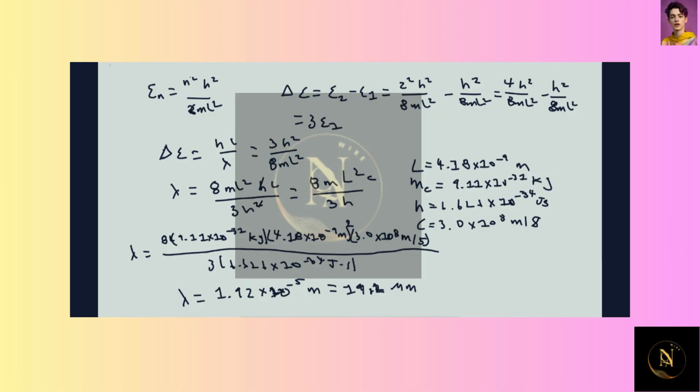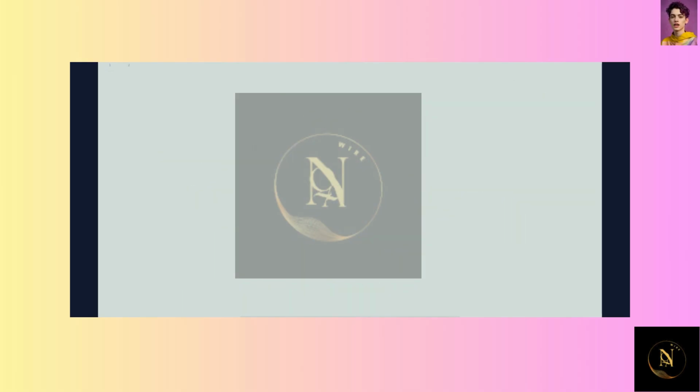Now for the next step, we want to calculate the transition from the second excited state to the first excited state. So that's going to be from n equals 3 to n equals 2.